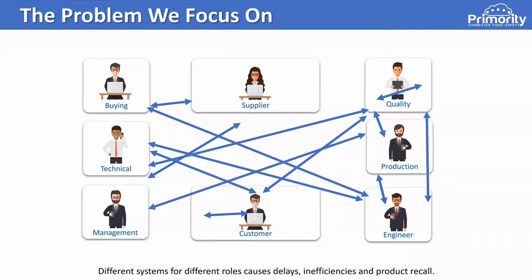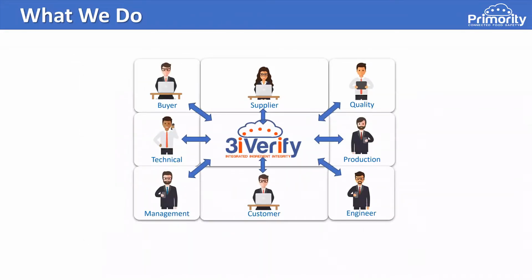Technical is to make sure it meets the customer specification. And all of these individual departments tend to use their own information, paper and spreadsheets, and the result is a lot of chaos in terms of information management. That causes problems, delays, inefficiencies, and it also does cause product recalls and safety issues.